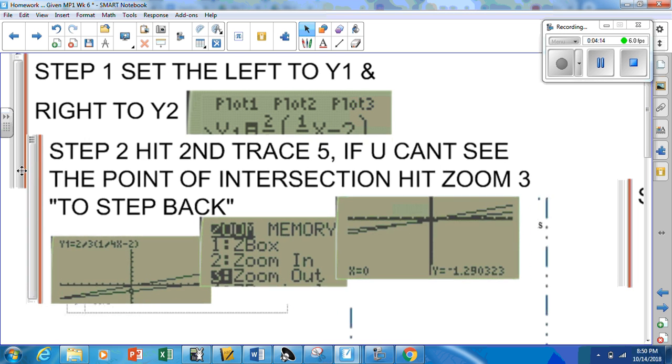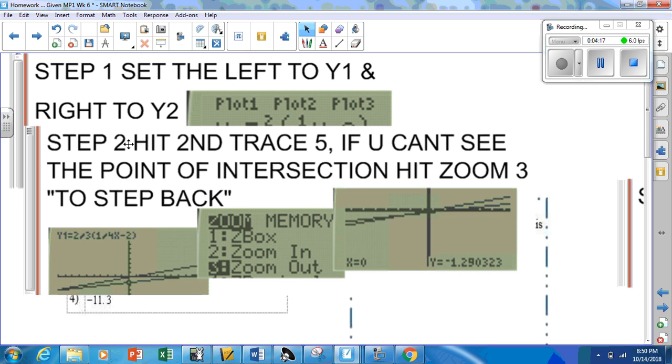The solution of that intersection will be the value of x. Consider part 2. I want to hit second trace 5. And if I can't see the point of intersection, not a problem. I hit zoom 3 to step back. Case in point, can't see the intersection, hit zoom 3. Oh, now I see it a bit better.